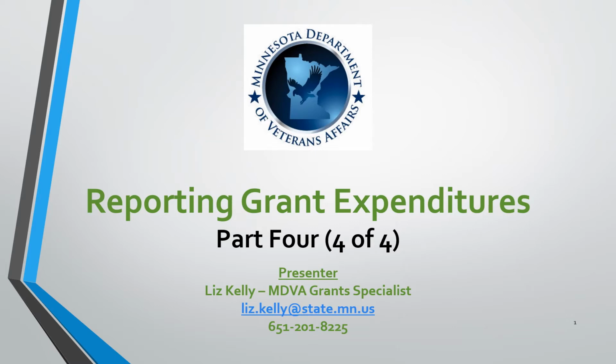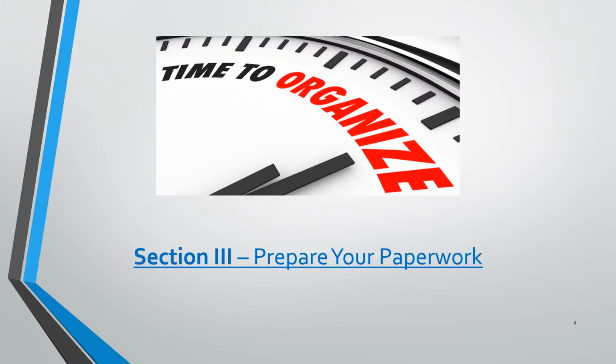This presentation is the last part, Part 4, of a 4-part series called Reporting Grant Expenditures. In Parts 1 through 3, we reviewed grantee resources, the MDVA website, the grant manual, we looked at a grant agreement, and then we went on to look at forms and spreadsheets that are used by the grantee to report grant expenditures.